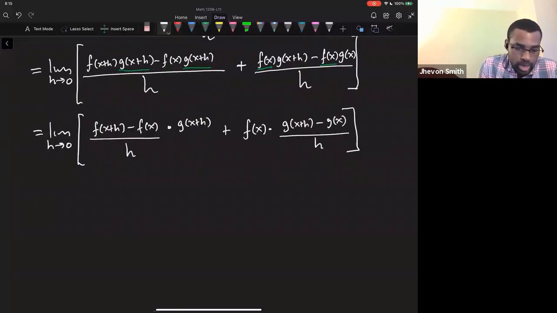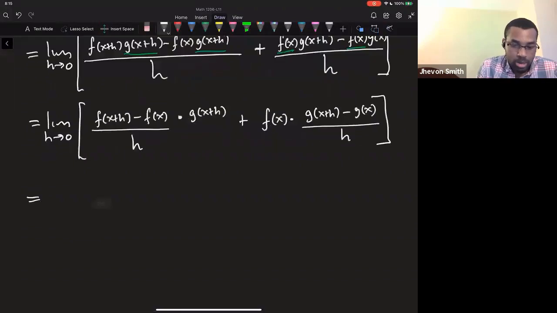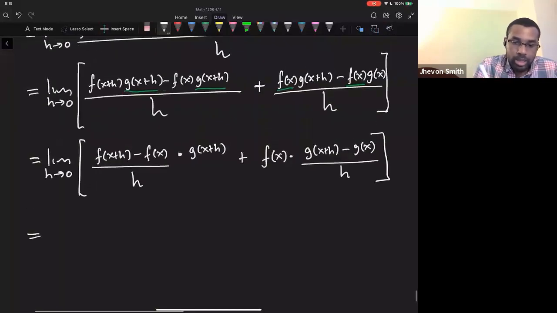And we know that limits distribute across sums and products. So I can take this limit here and literally distribute it across all of these guys.